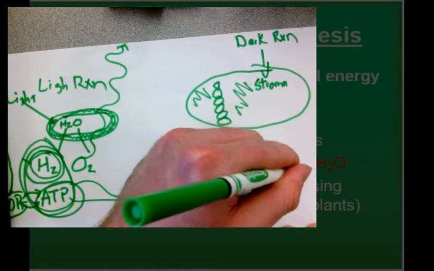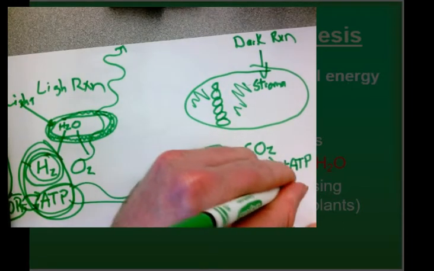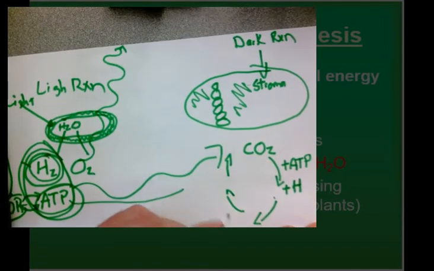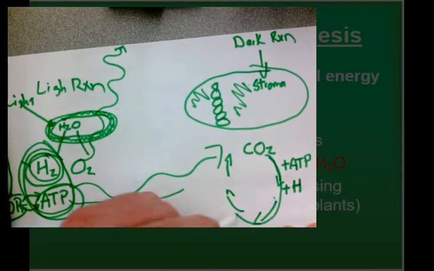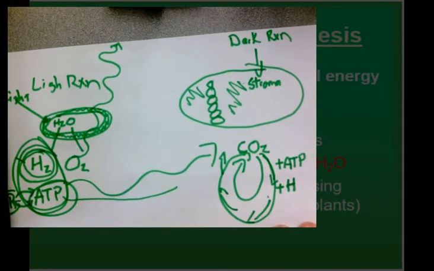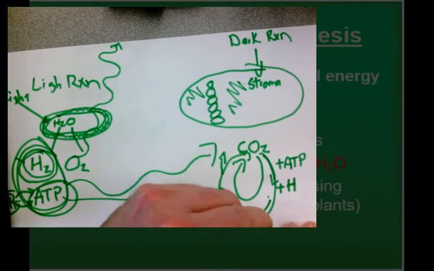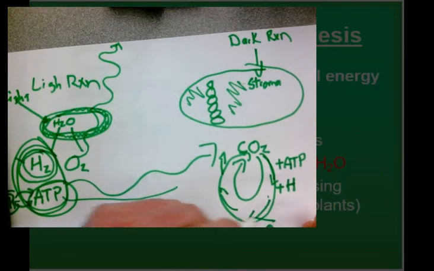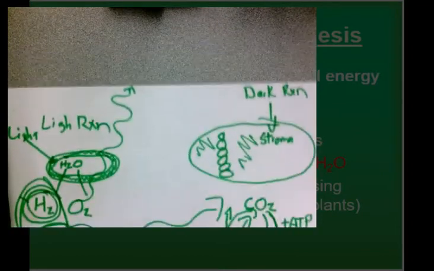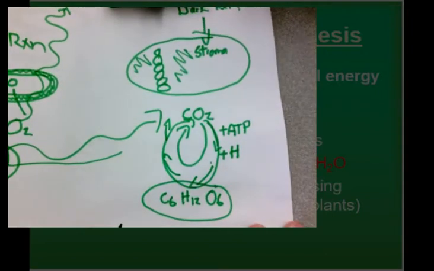So CO2 plus this ATP, and we're going to add hydrogen as well, and run this through something called the Calvin cycle. We're going to continually run this through the Calvin cycle, and what we're going to produce is C6H12O6 as a result. So this is how we produce sugar in that process.